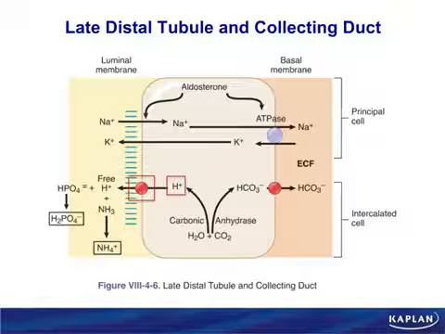Because aldosterone will increase reabsorption of sodium and water, giving you volume retention. Aldosterone will increase secretion of potassium, leading to hypokalemia. And aldosterone will increase secretion of protons, leading to metabolic alkalosis. So high aldosterone states can lead to volume retention, hypokalemia, and metabolic alkalosis.